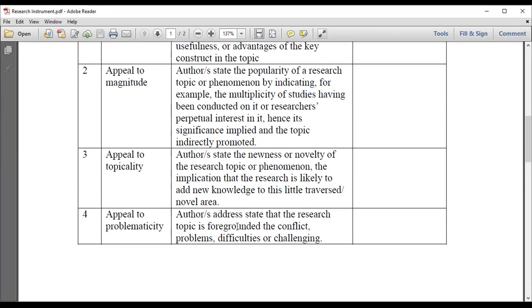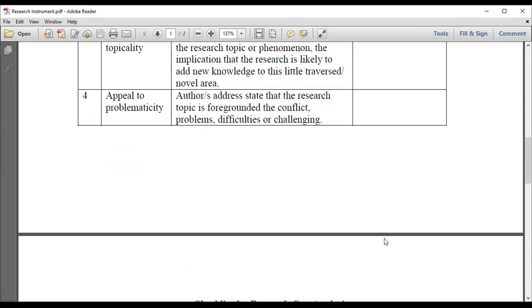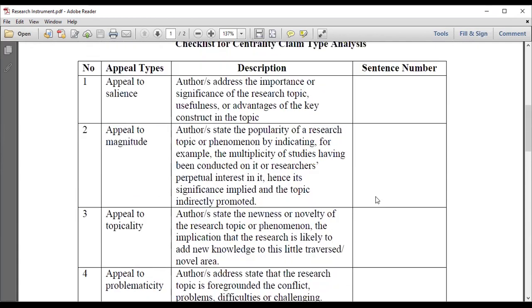And number four, if they mention that their research is based on a particular problem. If they mention that there is a practical problem in a particular field, you just write the number of the sentence.